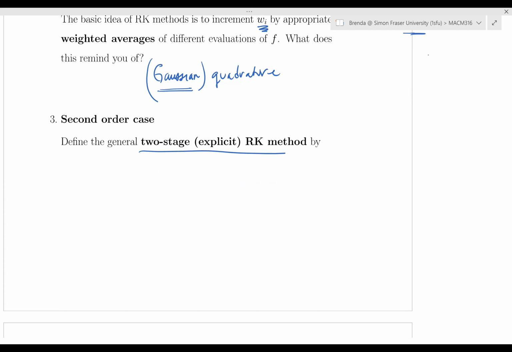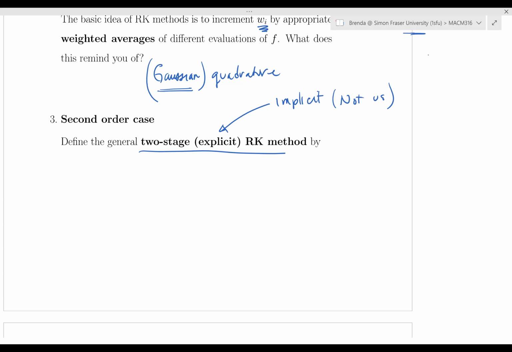First off, the opposite of this is implicit, and we are not going to discuss that. We're going to stick with the explicit one, because the implicit ones are difficult and usually involve root finding issues. So we're just going to leave those aside for now.